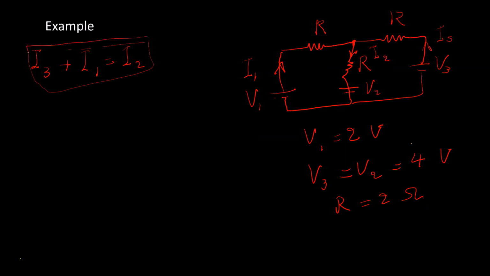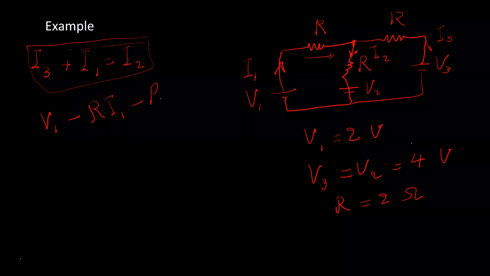And then you can write a loop rule starting from here, let's say V1, because you're going in the direction of the current here, you get negative RI1, and then we're going in the direction of the current again here, negative RI2, right, minus V2, equals 0.